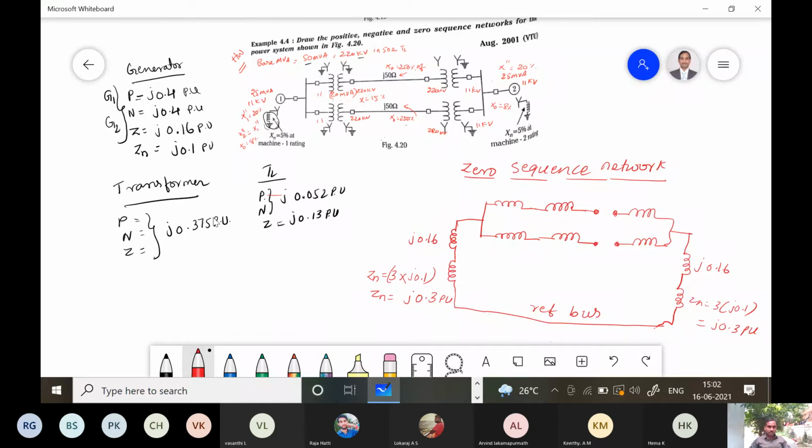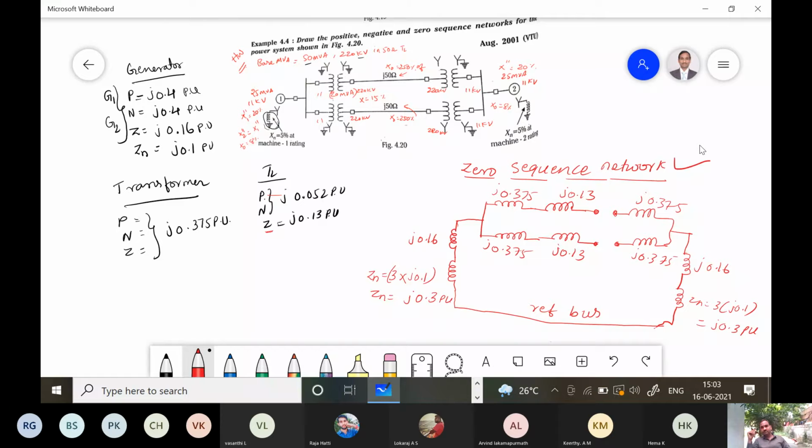For the transformers, j0.375 per unit each. What about the transmission line? In the zero sequence network, j0.13 per unit each. So this is about the zero sequence network.